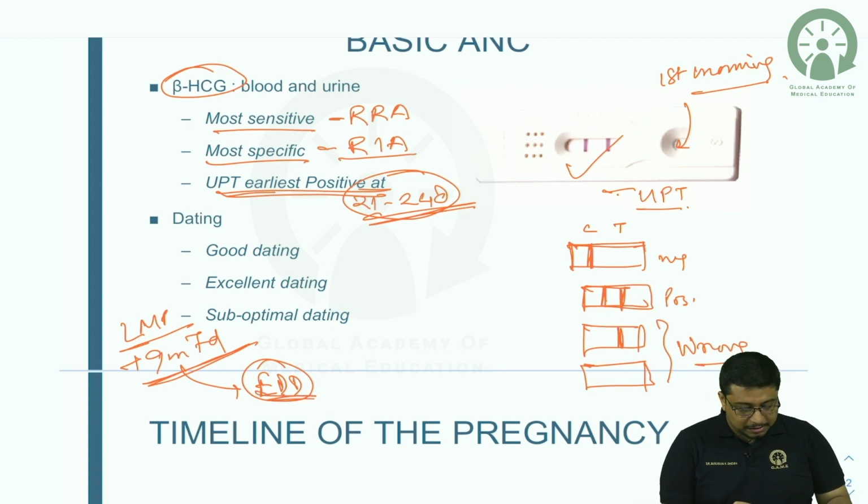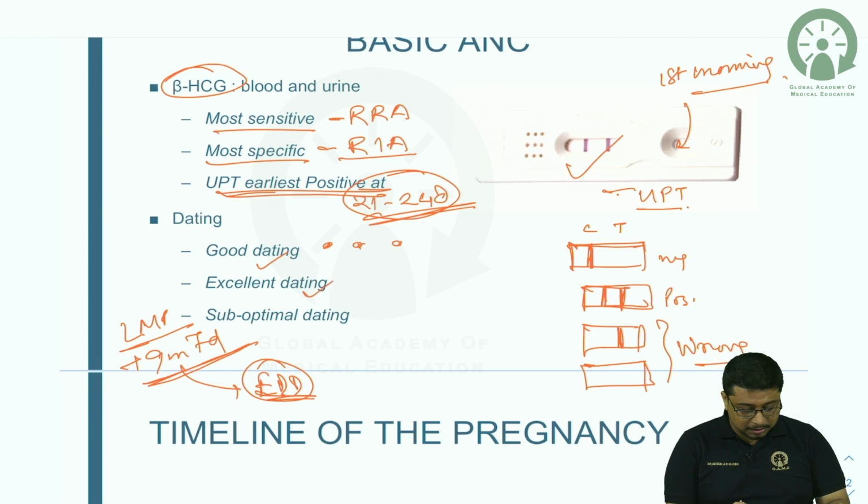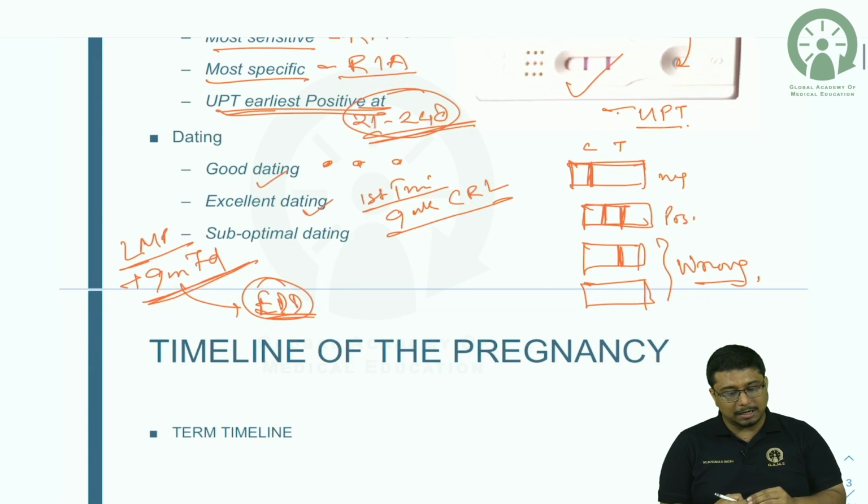So once we get the EDD, how reliable will this EDD be? If she has 3 points positive: number 1, she is sure of her date; number 2, her cycles are regular; and number 3, she is not using any hormonal medication, then it is called a good dating. Now, if that good dating corresponds to a first trimester ultrasound dating, especially a 9-week CRL, crown rump length measurement, then it is an excellent dating.